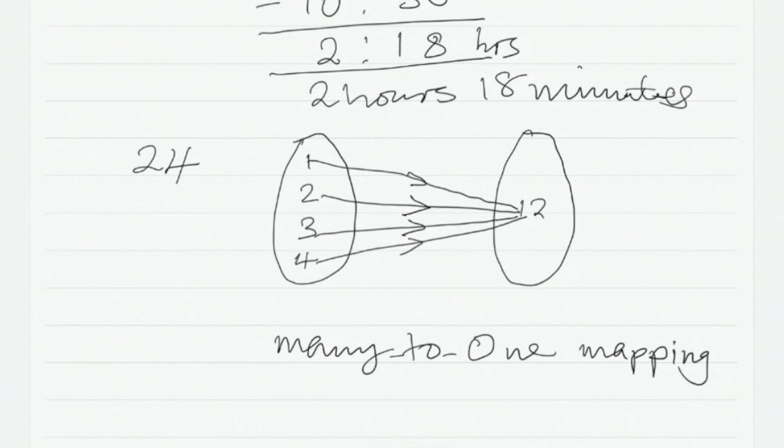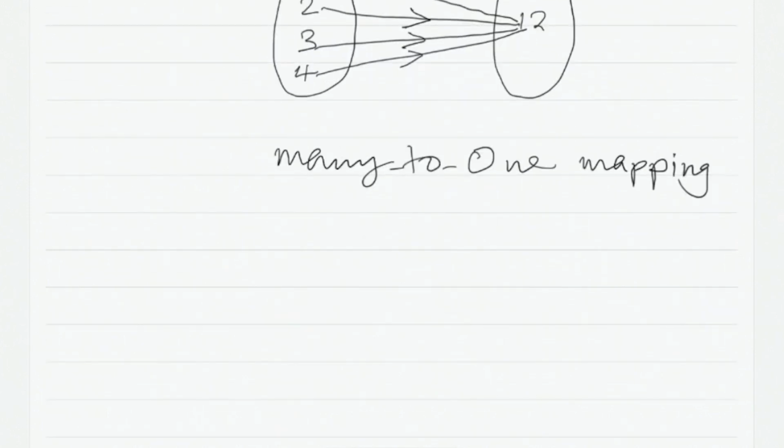So these other numbers go straight into that one. So it is many going into one mapping. So our answer is C, many to one mapping.